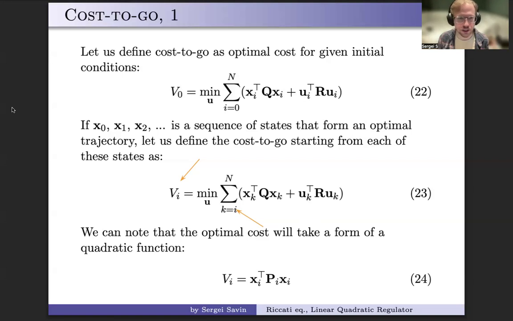Now it is still a quadratic form, same as before. So the optimal cost would still be a quadratic function of x on each step. All right, good.